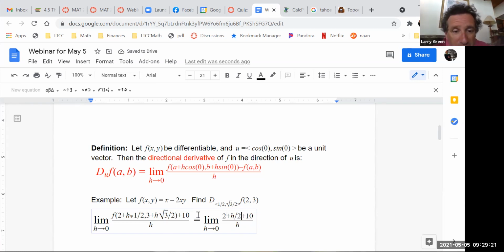And then we're supposed to do minus 2xy. So we have 2 times (2 plus h/2) times, and then the y was (3 plus h root 3 over 2).